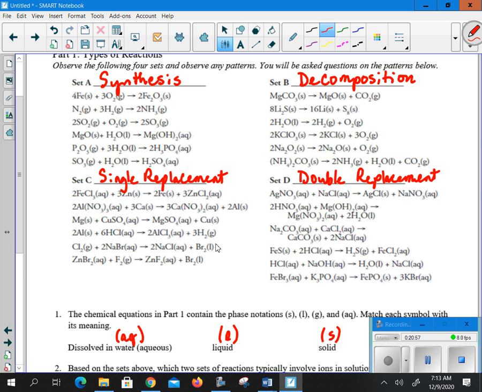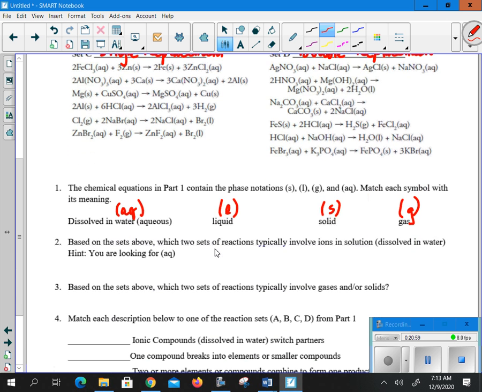Every single one in double replacement has an AQ as well. So the two sets would be set C and D. Single replacement and double replacement typically involve compounds that are dissolved in water. That's just one of those FYI things.